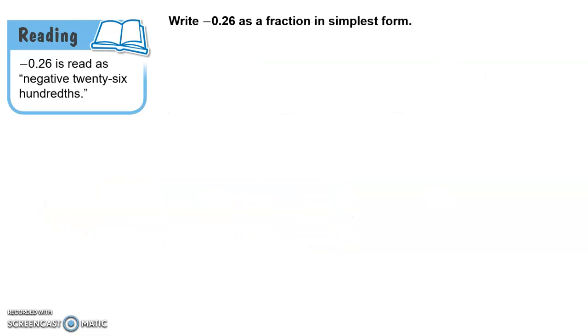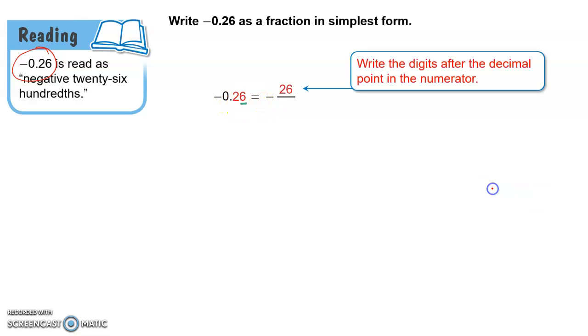All right, so this one right here, negative 0.26, write as a fraction in simplest form. Right here in the reading, it says negative 0.26 is read as negative 26 hundredths because it's in the hundredths place. Now I just remember, hey, there's two numbers right here on the right, so I know on the bottom I'm going to have 100.